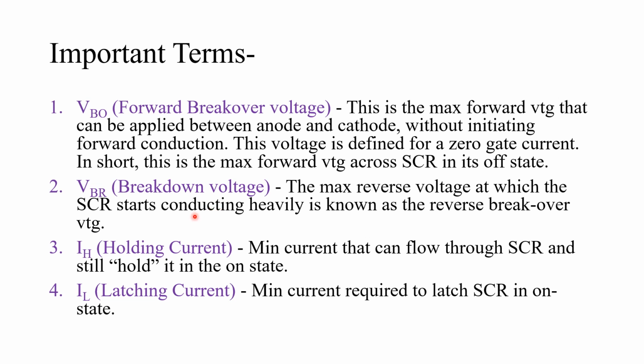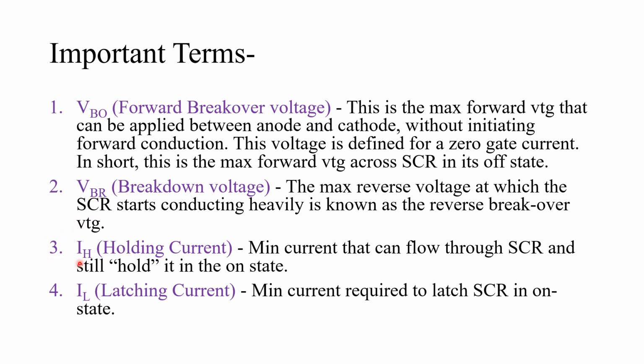This is the point at which, when our reverse voltage reaches the point VBR, the avalanche effect takes place. And what happens is a large amount of reverse current starts flowing. So it's nothing but the maximum reverse voltage at which our SCR starts conducting heavily.